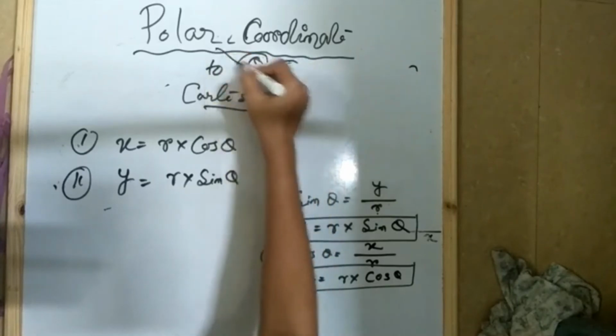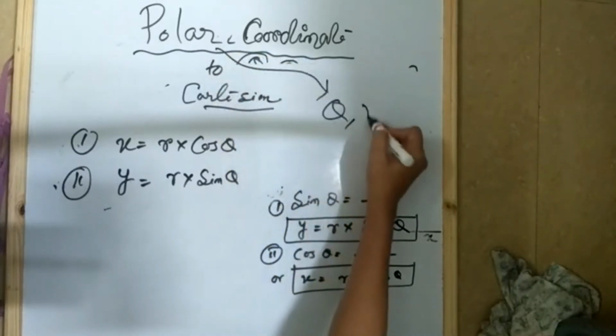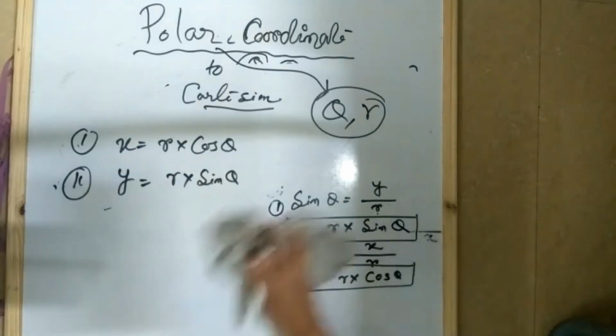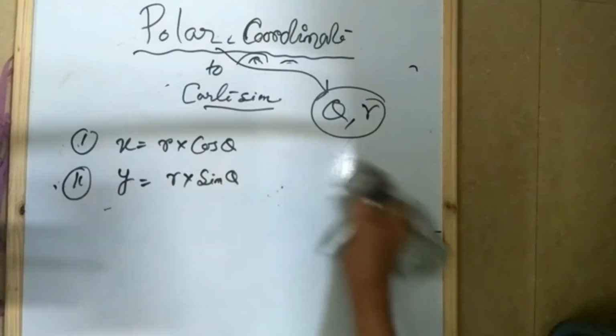From the polar coordinate system you can get theta and r, so you can easily find the x value.